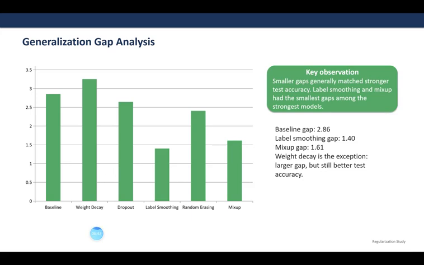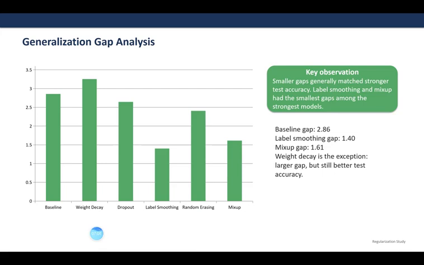Label smoothing reduces the gap to 1.40 points, and mixup reduces it to 1.61 points. That is important because these are also the methods with the strongest test results. So in this project, smaller gaps usually matched better generalization.